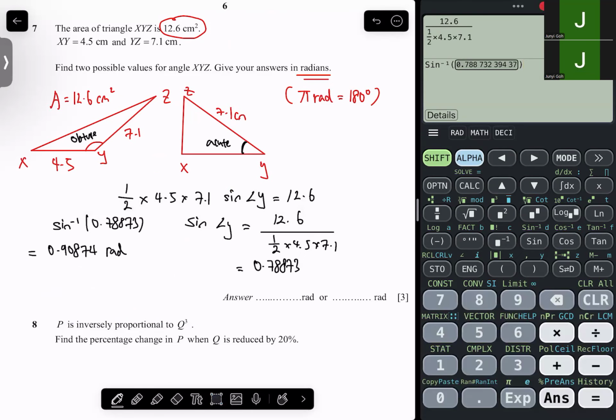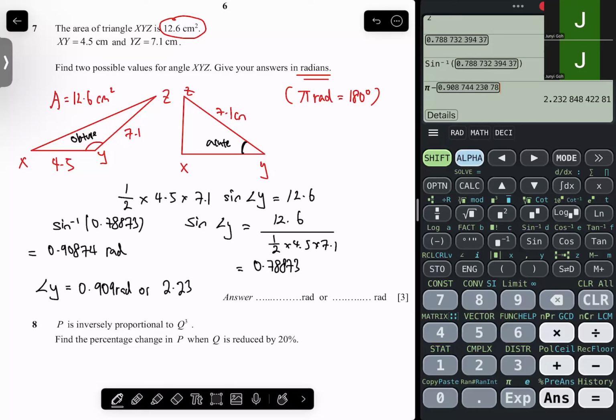So which means that angle Y is 0.909 radian, or, the answer is shift sine inverse, 0.90874, equal. My next answer would be pi minus that answer, which is 2.23 radian. Both rounded off to 3 SF.